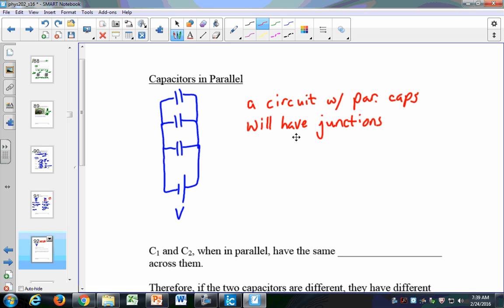So here in this circuit, I come along, I usually go off the positive side of the battery. I look for a junction, and I see 1, 2, 3 separate parts to that junction. So that tells me that I have 3 branches in that capacitor circuit. You see the 3 separate parts to that junction? I have 1 here, 1 here, and then it breaks off again up here.